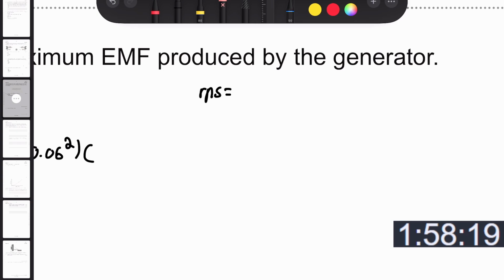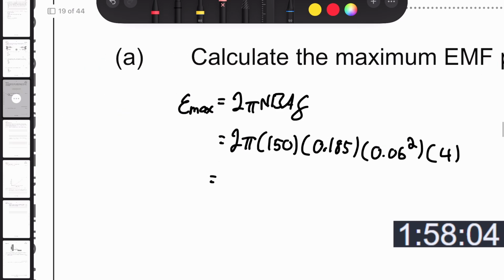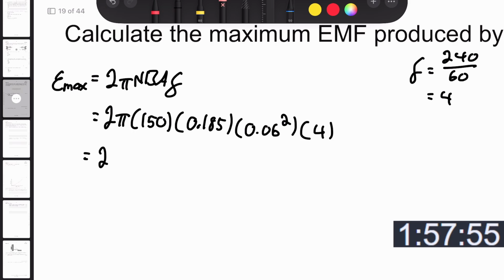Rounds per second, frequency is 240 over 60, which will be equal to 4. So 2π times 150 times 0.185 times 0.06 squared times 4 hertz. So my maximum EMF is just 2.51 volts.